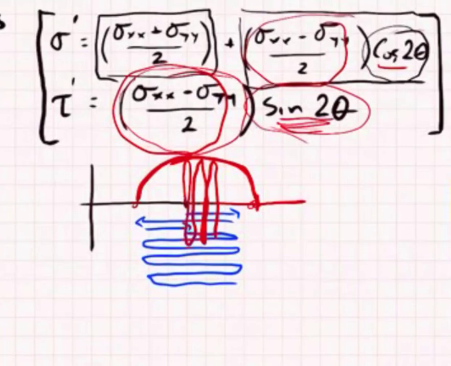And then if we go through another 180 degrees, we come right back around and we complete the circle. So when 2 theta goes through 360 degrees, both of these values describe a circular path straddling the sigma axis and form a complete circle.